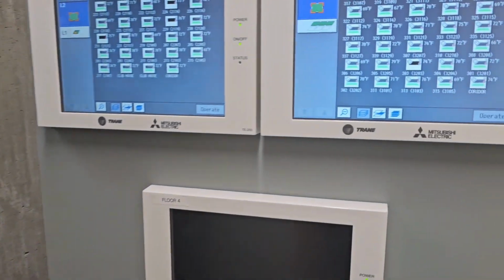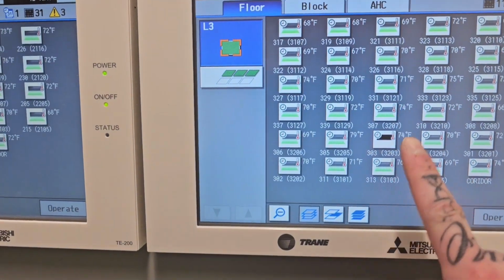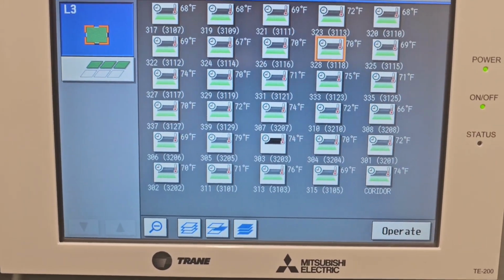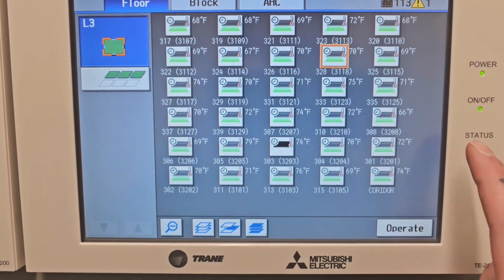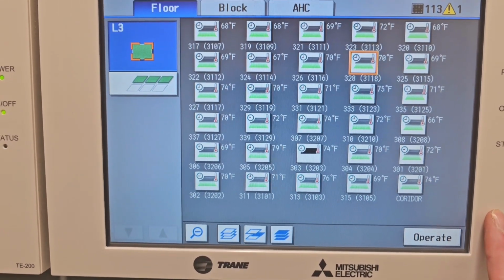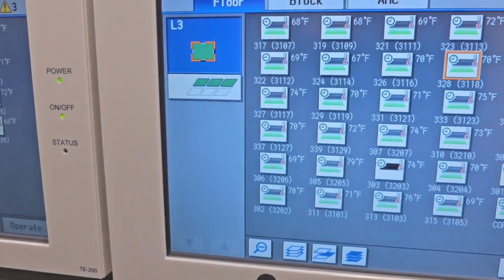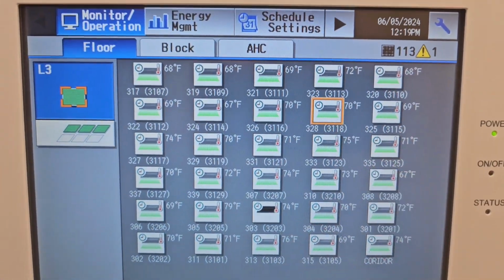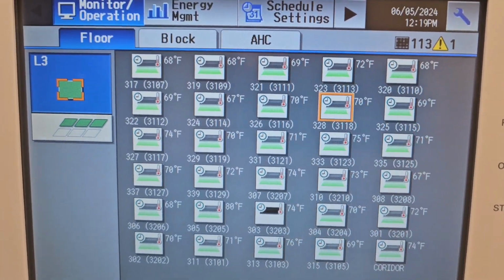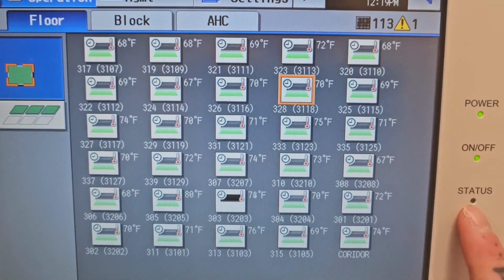When, if you recall, I can just come over here. So 328 is right there. That means it lives on this controller. Okay? In this case, it does because we don't have any other controllers in here. So that fan coil for room 328 lives on this controller.